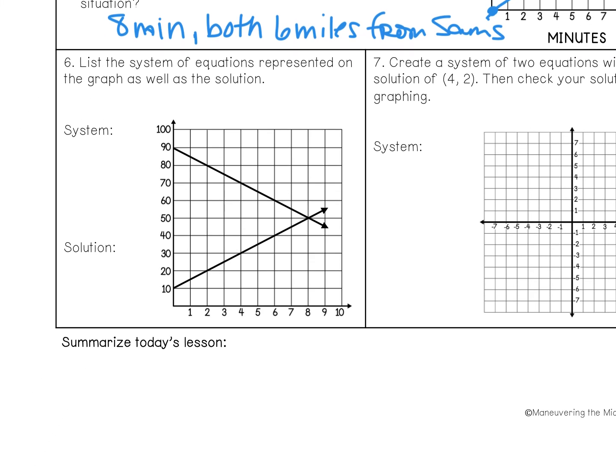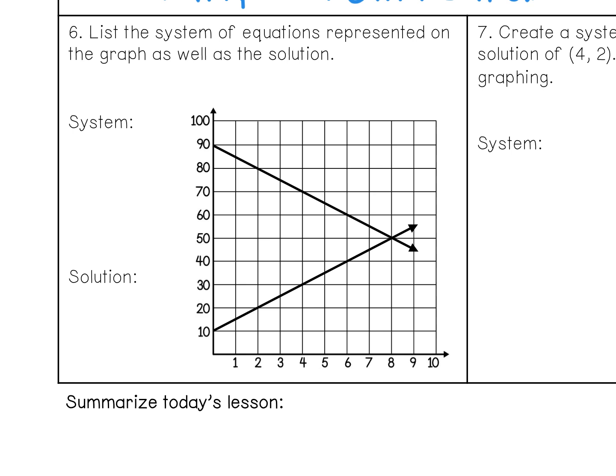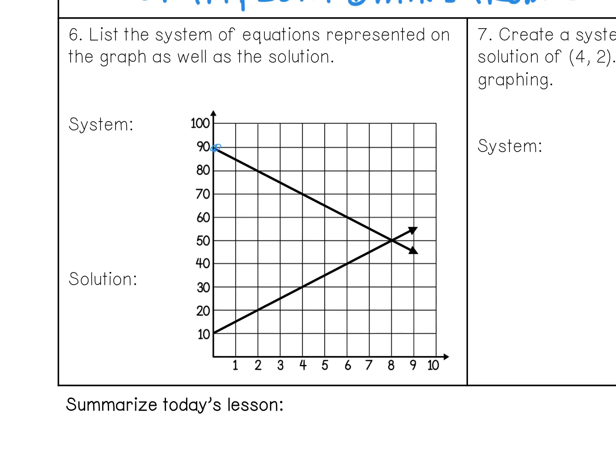So now we're going to write the system. So this is just mx plus b. So this first one, our b is 90. Our slope, pay attention to the scale, is down 10 over 2. Negative 10 over 2 is a negative 5.